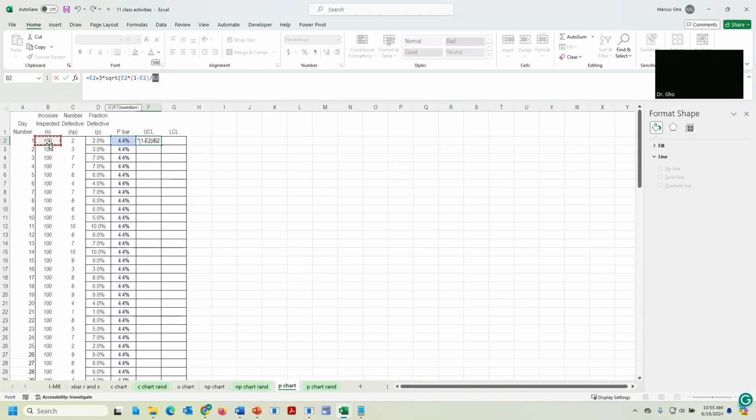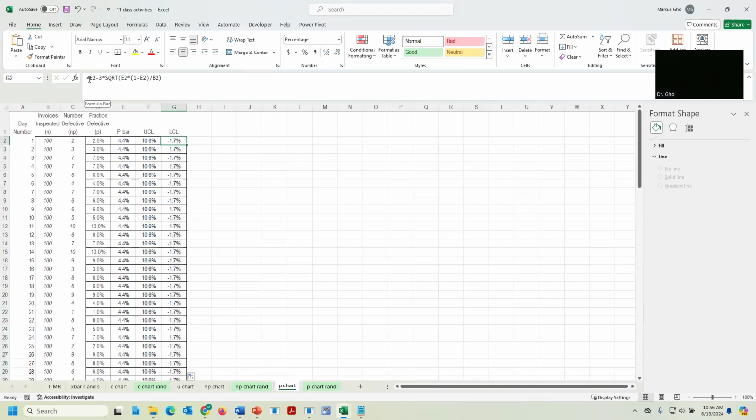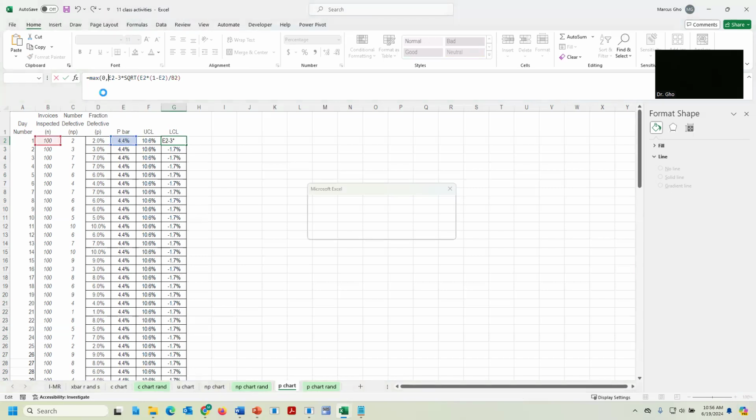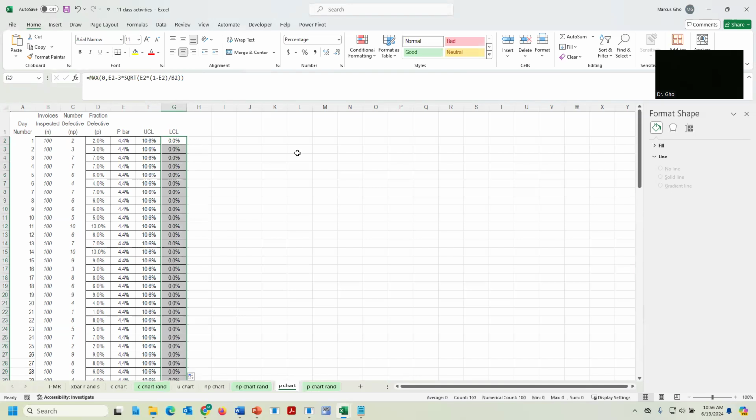So I'm going to hit enter. Okay, and then I'll take this, that's a plus. And then I'll put minus. And oh, you know, we have a negative. Negative doesn't make a lot of sense, so I'm just going to put max 0 or the formula. Okay, we'll give this an upper and lower control limit.